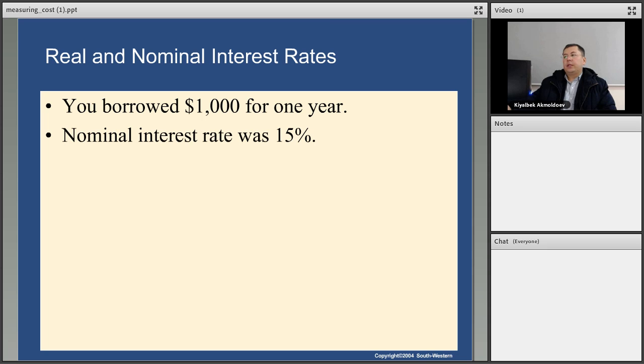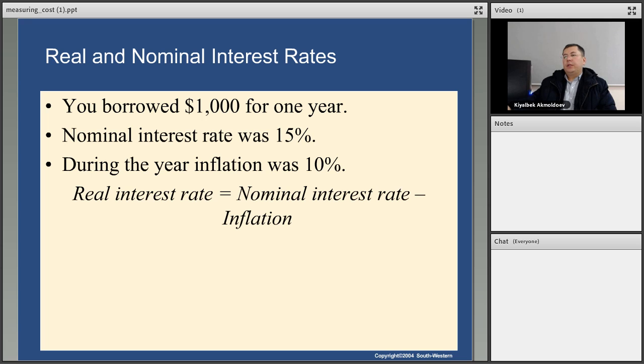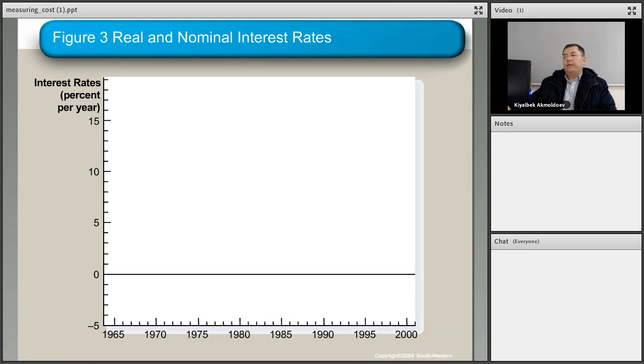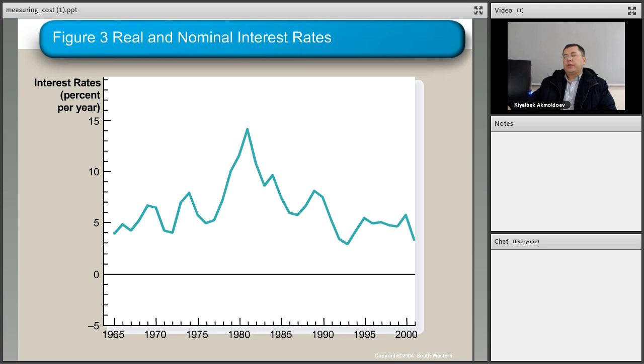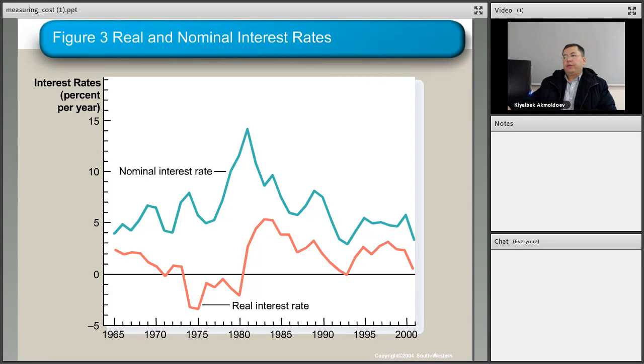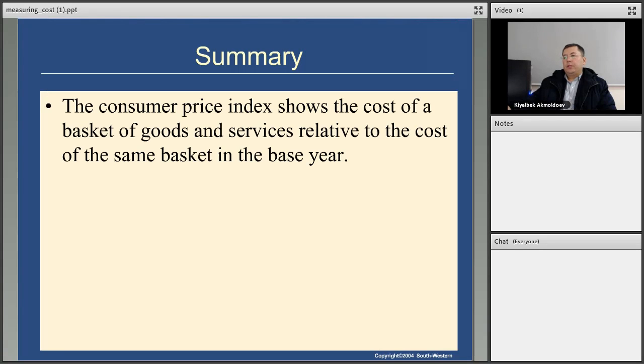So the bank is saying that I will pay you 15% in 1 year. And during the year inflation was 10%. Then your real interest rate equals the nominal interest rate minus inflation, so it is 5%. If we look at the interest rates in the United States, we see the nominal interest rates, and the second one is the real interest rate adjusted with inflation.